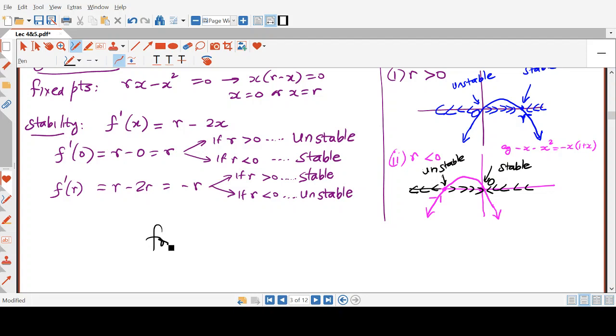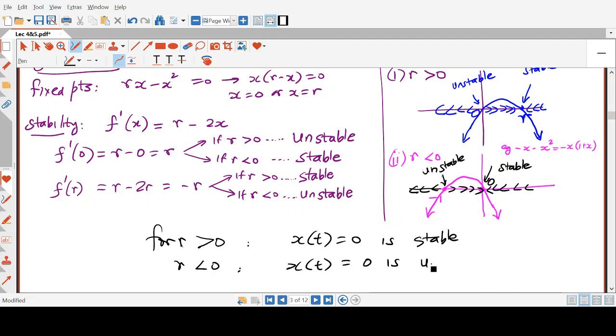So for r more than 0, x of t equal to 0 is unstable. For r less than 0, it's stable. Am I right?